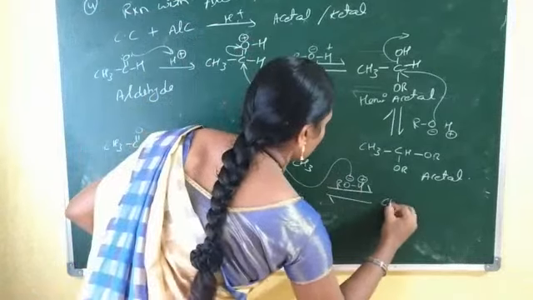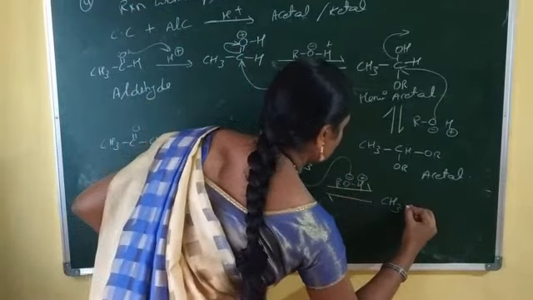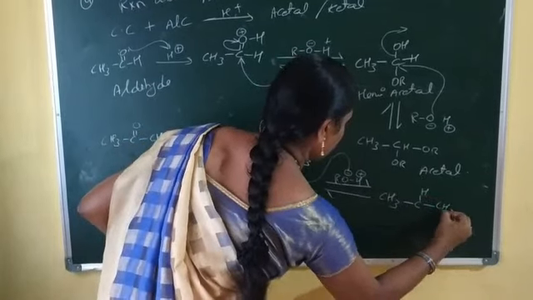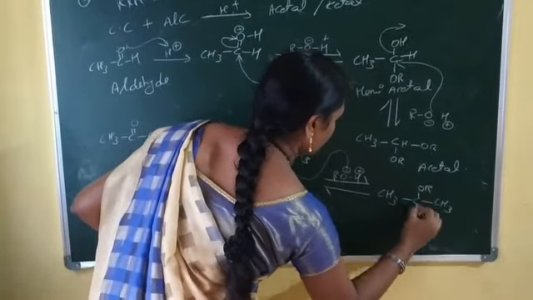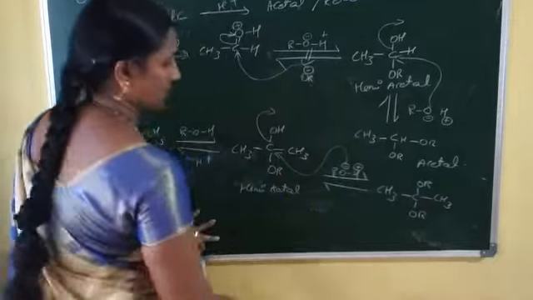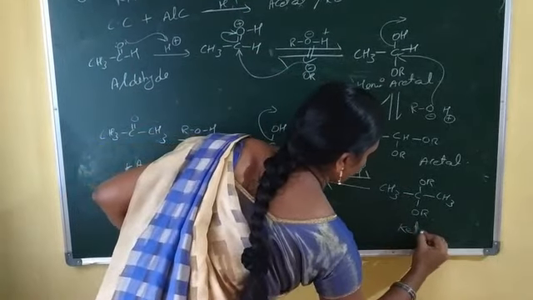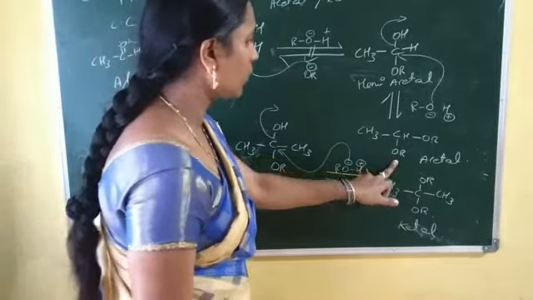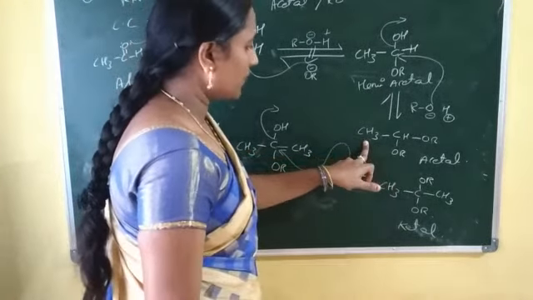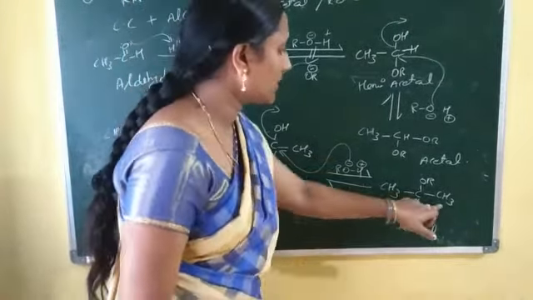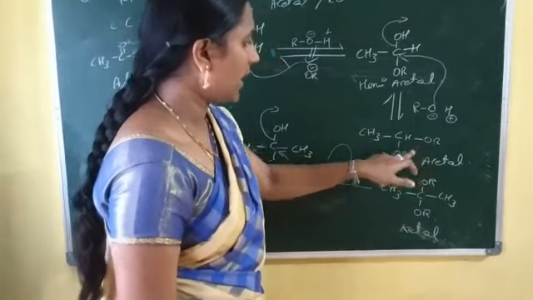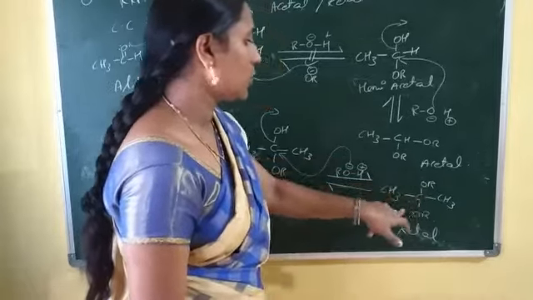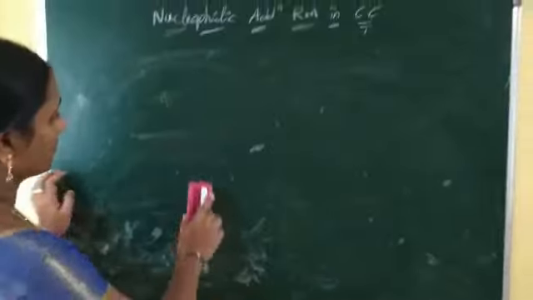Now the product is ketal, CH3, C, again CH3 and OR. The product name is ketal. In acetal, only one methyl group is observed. In ketal, two methyl groups are observed. In acetal, two alkoxy groups, and ketal also has two alkoxy groups.